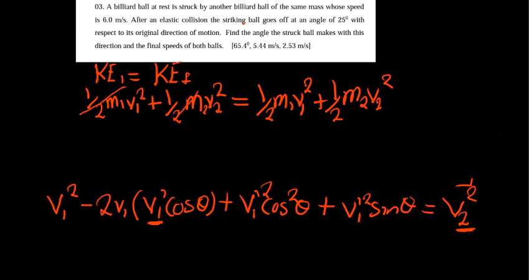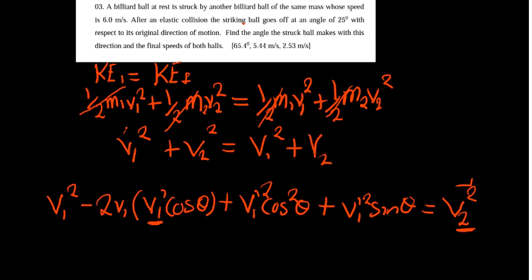Therefore our equation will be v1 squared plus our v2 squared is equal to our v1 final squared plus our v2 squared. Since we know that the second ball was initially at rest, meaning this v2 initial is just 0, we're going to put 0 here and simplify our equation further.